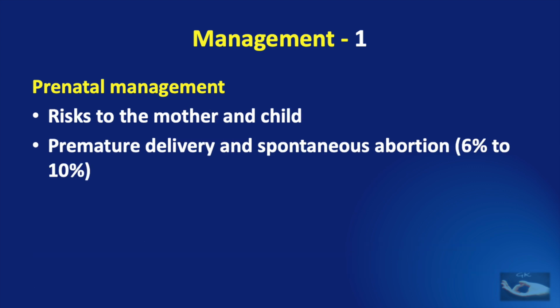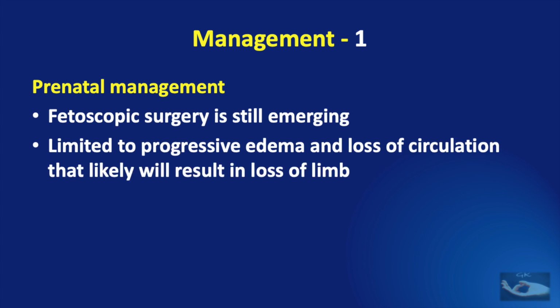However, there are risks to the mother and child like premature delivery and spontaneous abortion, which could occur in 6% to 10% of the mothers. Fetoscopic surgery is still an emerging technique. It is right now limited to progressive edema and loss of circulation that likely will result in loss of limb.